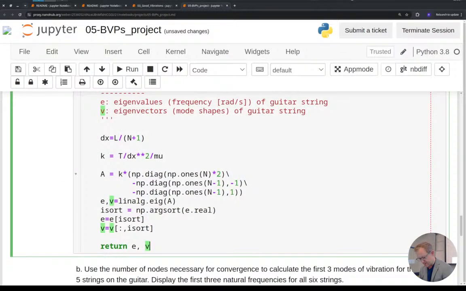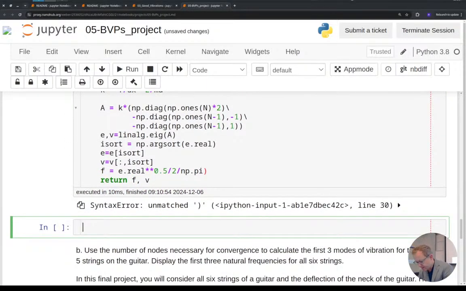I'm just grabbing some stuff so that rather than return the eigenvalues themselves, I'm going to return frequencies. So just converting those radians per second into, well, really it's radians per second squared because it's omega squared, but convert that into our natural frequencies. So each eigenvector is going to have some frequency associated with it.